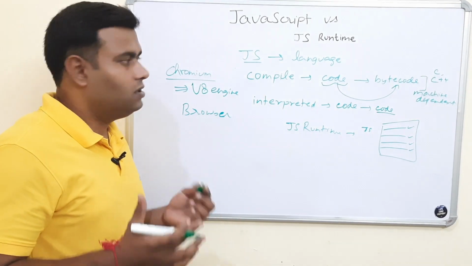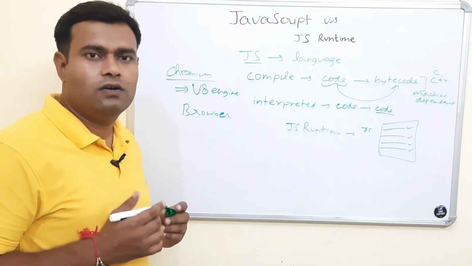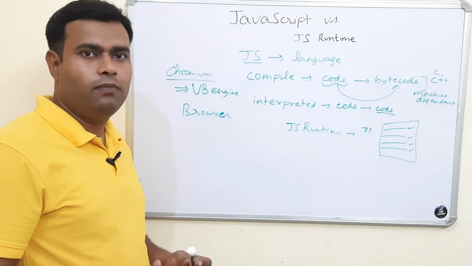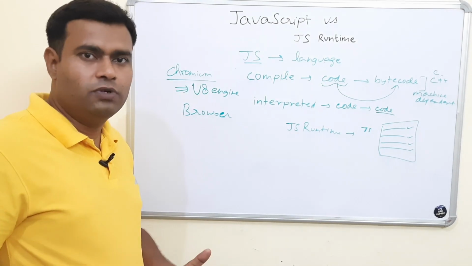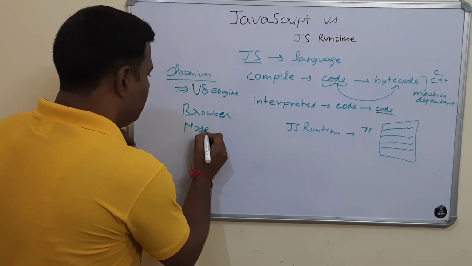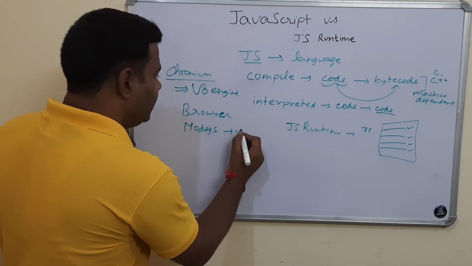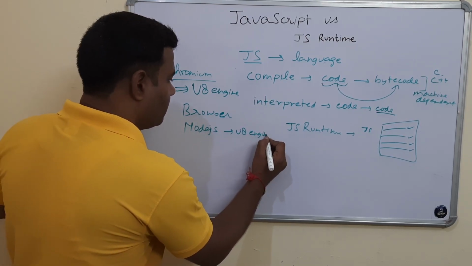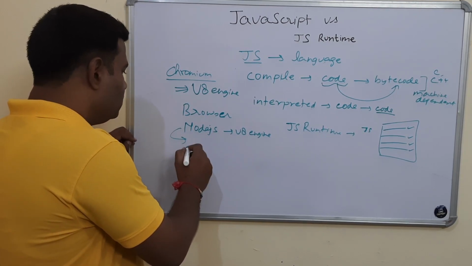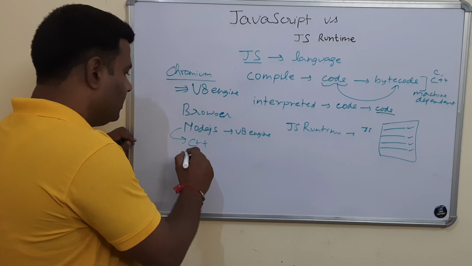But some of you know that JavaScript can be used for server-side code as well, using Node.js. So Node provides that runtime for running JavaScript on a local machine or servers. And Node.js is also using the V8 engine. And Node.js itself is written in C++, right?